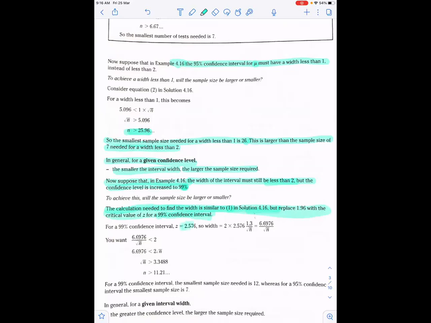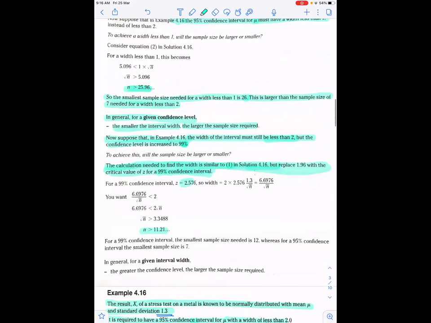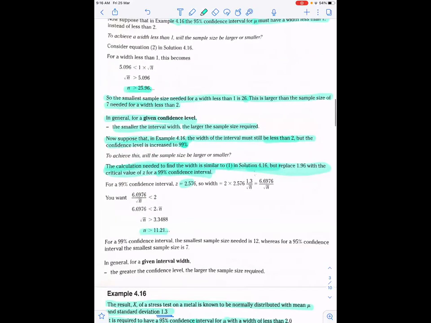If you want to be 99% sure that the mean will have this value, then the sample size should be greater, about 11.21 in that case.